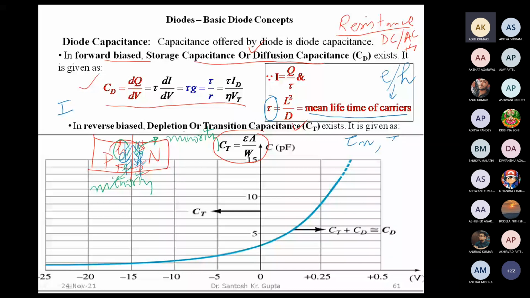Here L is the distance through which we see the concentration of electrons decrease by 1 upon e times. That is called the diffusion length, so L is the diffusion length.